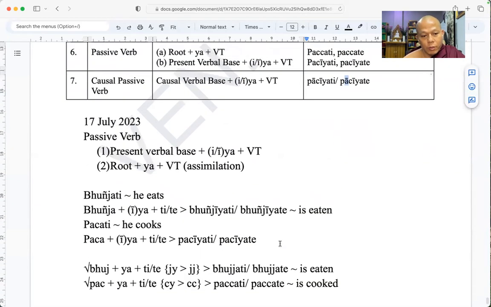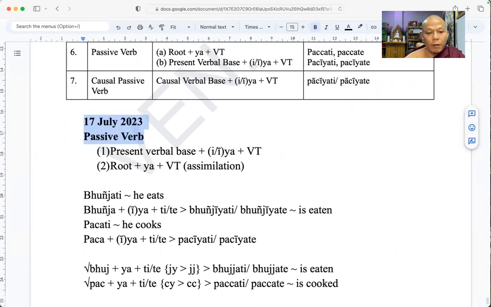So in this way, to form the passive verb, to the present vowel base we add the suffix "ya," before that E is inserted, and then the vowel termination.